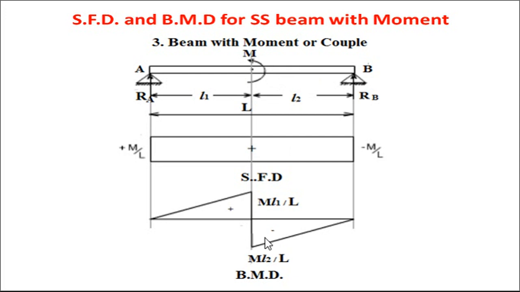Minus will be upward, plus will be downward, or vice versa, depending upon the direction of moment. Here I have shown moment acting at the center of the beam, where total span is L, and these distances are L1 and L2. Whenever it is acting at center, L1 and L2 must be the same, here L by 2 and L by 2.